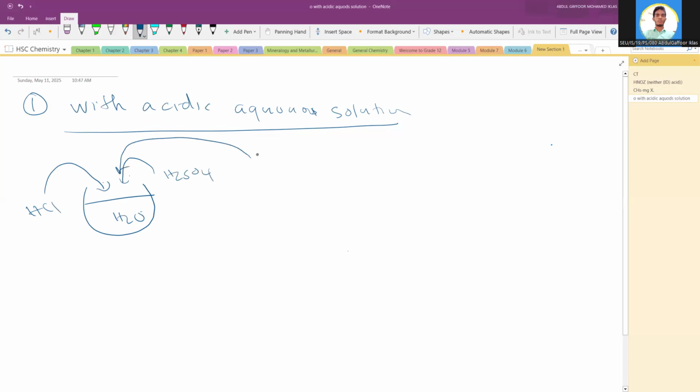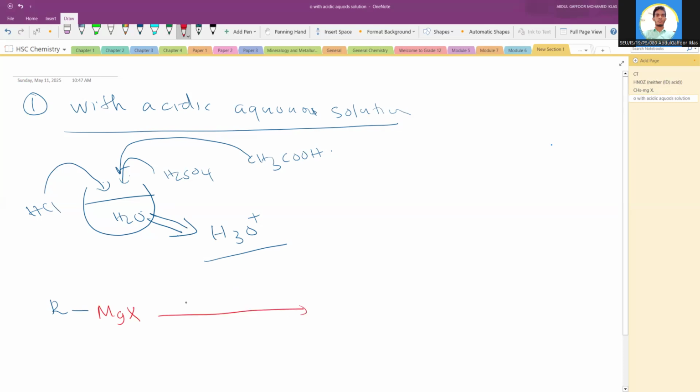Or we can even add CH3COOH, acetic acid. It will yield H3O plus aqueous. Now let's say we have RMgX. This is our Grignard reagent.